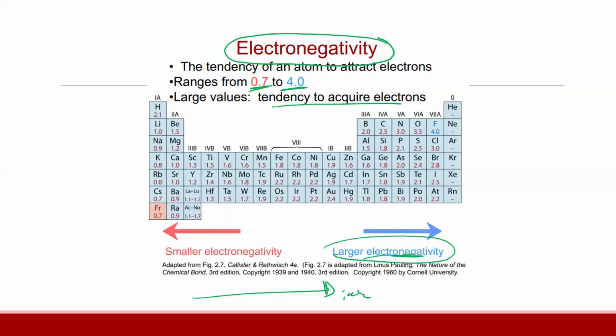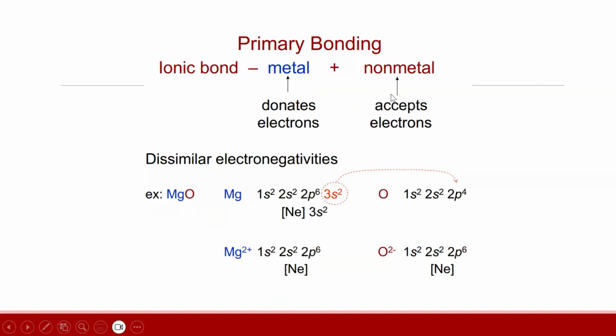I will tell you that in the tutorial class after you get familiarized by doing a few questions. Otherwise, we know how to write the electron configuration and understand the periodic table. And now we are going to move to different types of bonds.